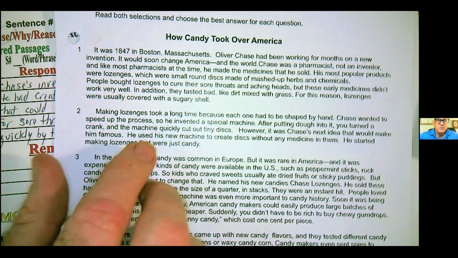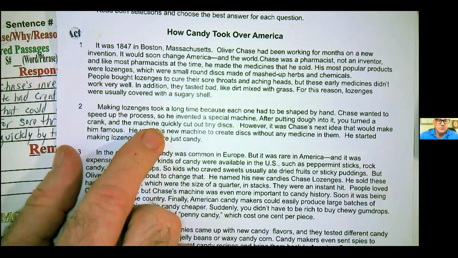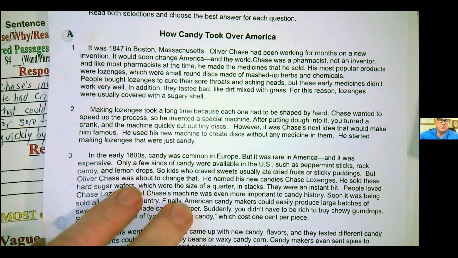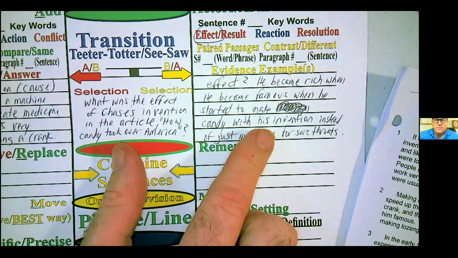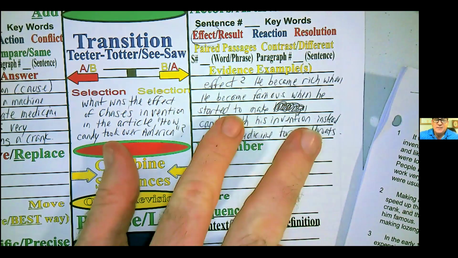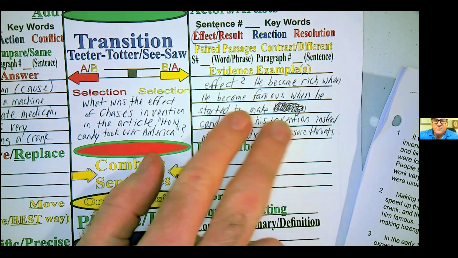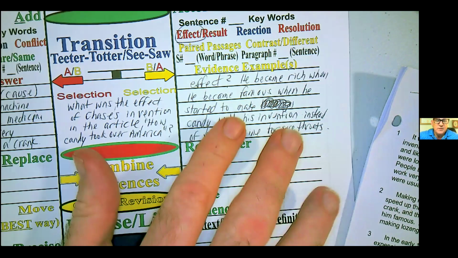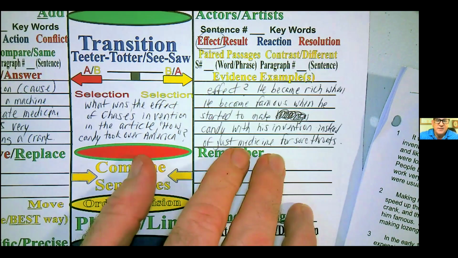Because he was able to crank out those lozenges for sore throats very quickly, he got the idea to say, you know what, I don't have to just make medicine, I can use this same exact machine to make candy. It says that he became famous. When you become famous, lots of people know you and hear about your invention, and of course everybody likes candy.